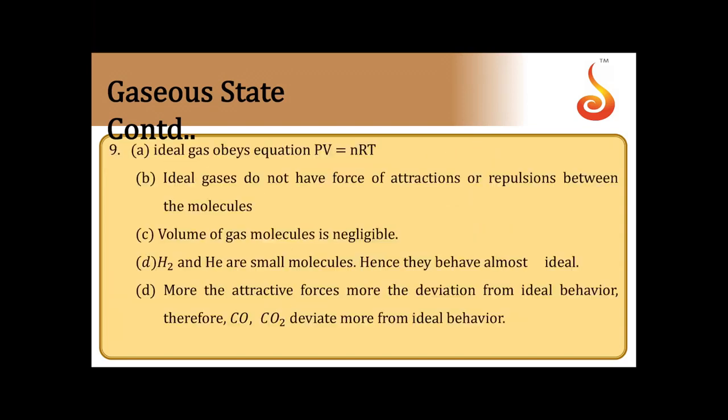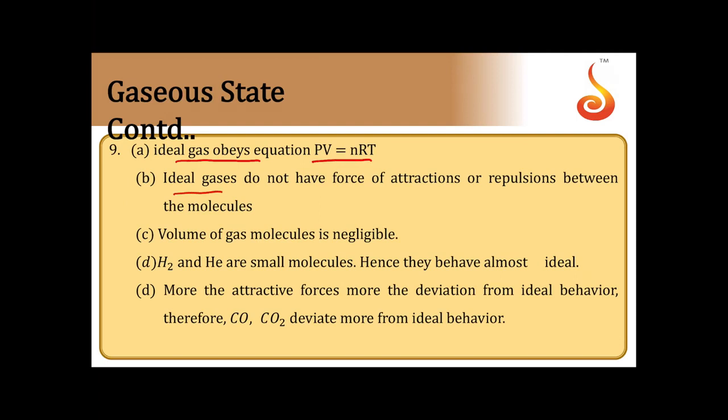Then come the properties of ideal gas and that of real gas. An ideal gas always obeys the basic gas equation, which is PV is equal to nRT, under all conditions of temperature and pressure.